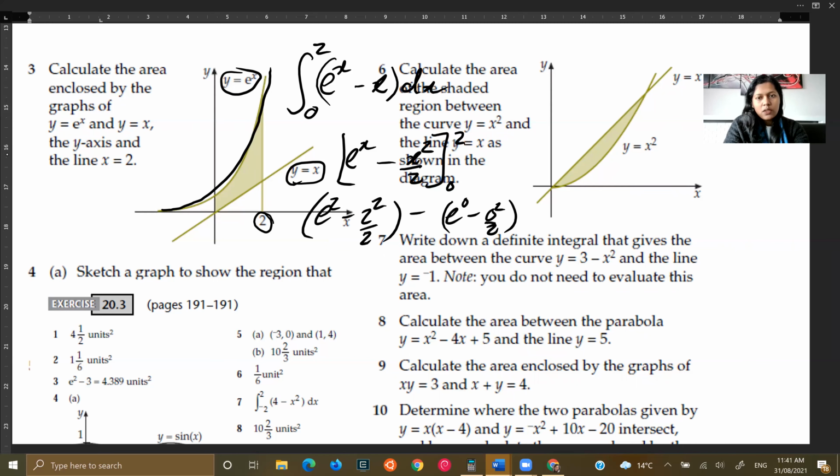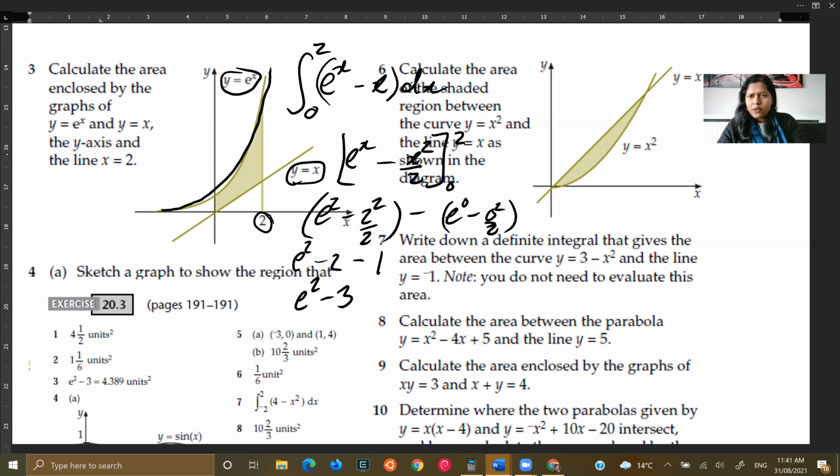The e to the 2, I don't know what it is, I'll have to use my calculator. 2 squared over 2 will be just 2, and that's minus 1, e to the 0 is 1, and 0. So basically what I have is e to the 2 take away 3. That's my final answer, in square units. Okay, so that's what we do.